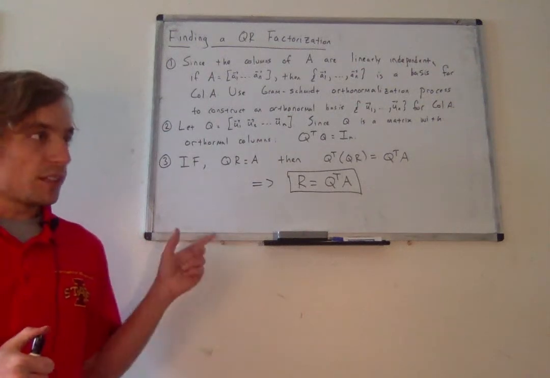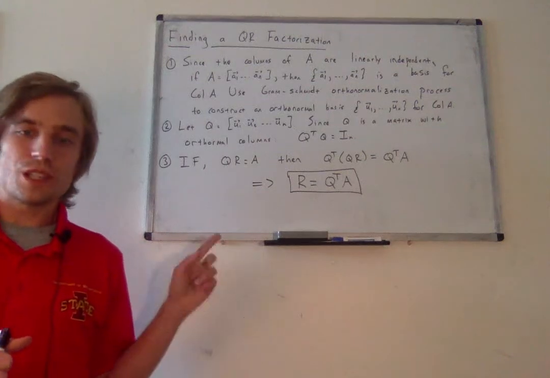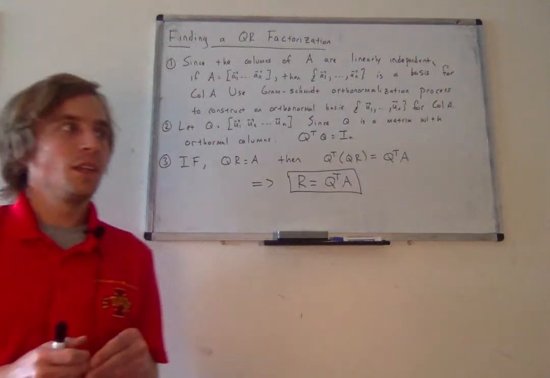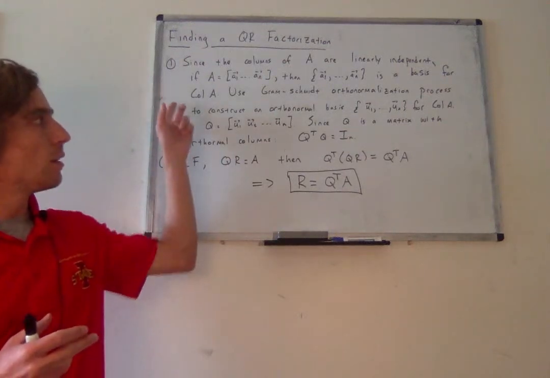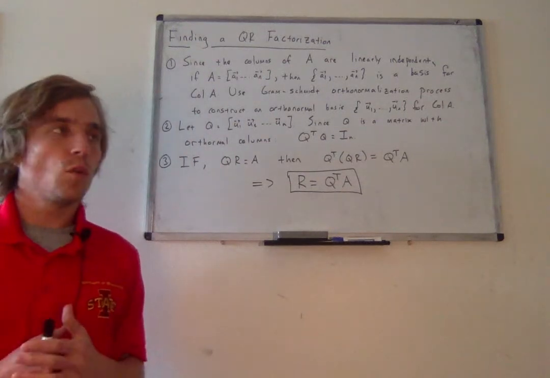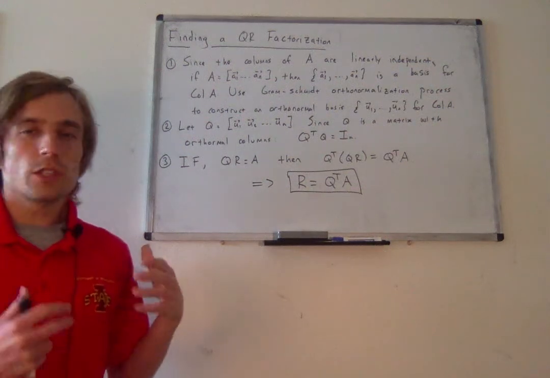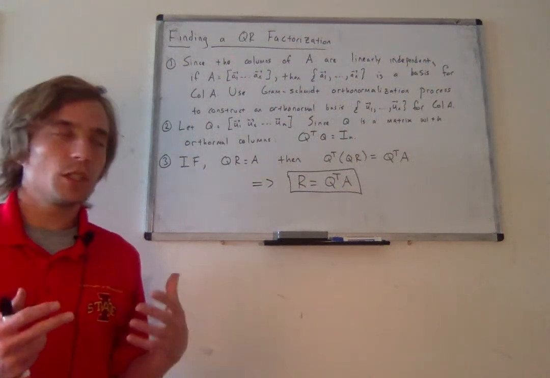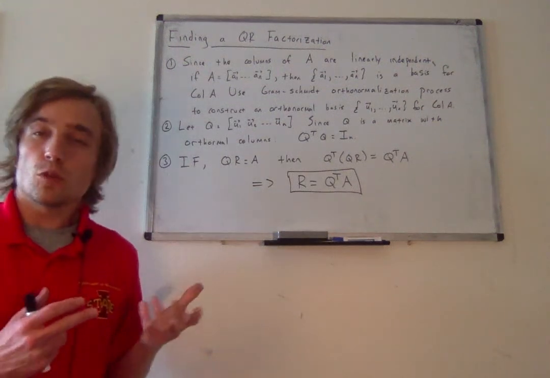So this simultaneously is more work and less work than it seems. The number of steps you have to do actually isn't that much. Well, the Gram-Schmidt process can sometimes be quite involved. But for as complicated as this originally seemed to me, finding Q and finding R seem remarkably simple.